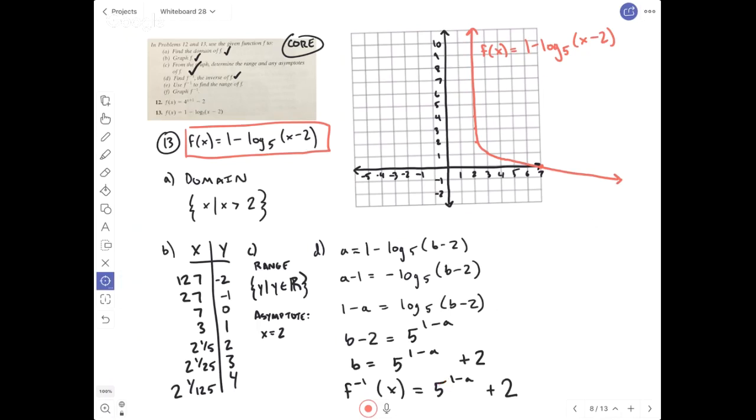Looking here, the domain of this exponential function is clearly all real numbers. So yes, this was the correct range for f of x. Check. And let's graph f inverse, which I'm going to do in blue.